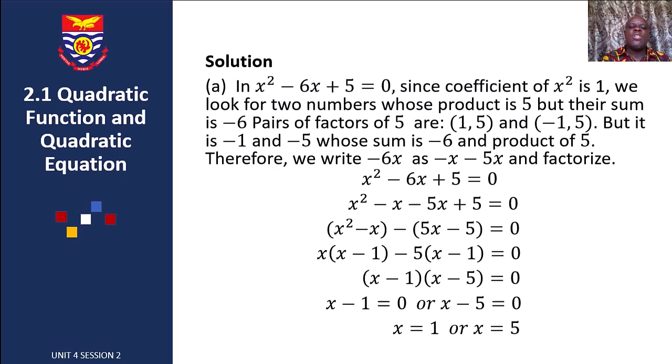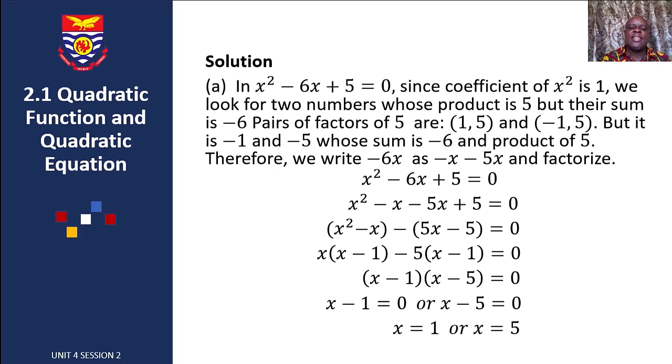So we will use these two numbers to replace the middle term. The equation x squared minus 6x plus 5 is equal to 0 becomes x squared minus x minus 5x plus 5 is equal to 0.